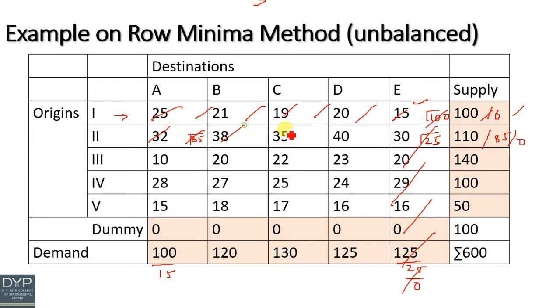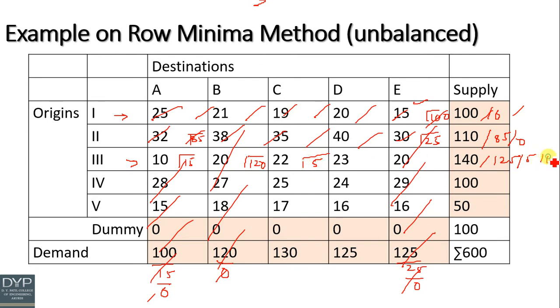So we will come to the next row, that is the third row. Out of that 10 is the minimum cost cell, so here it is 0, and then 125 are remaining. So I am removing the column. Again 120 I can assign over here. Now this column I will be removing, and 5 are left, which I will be assigning to this 22.